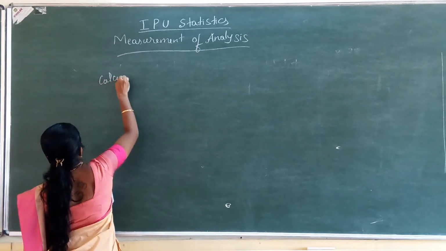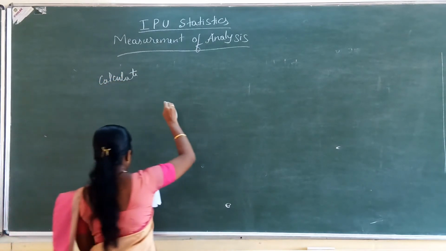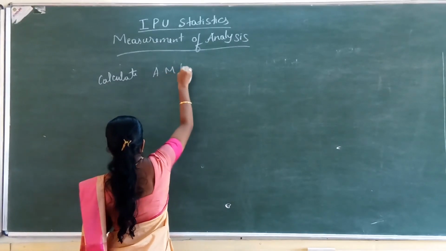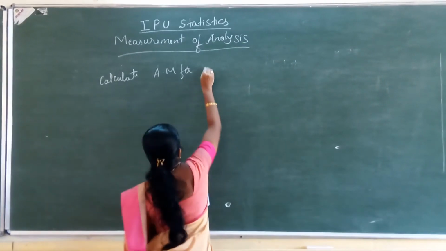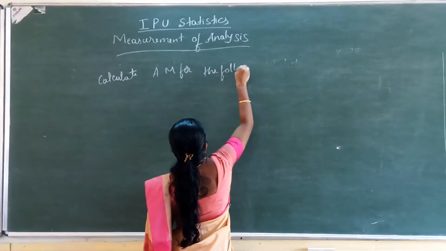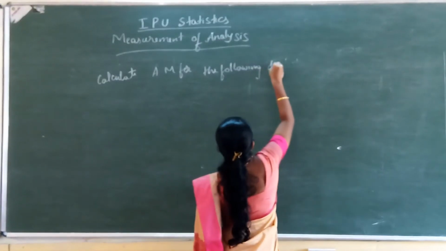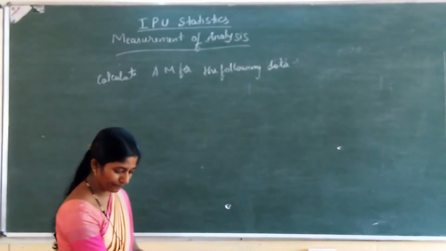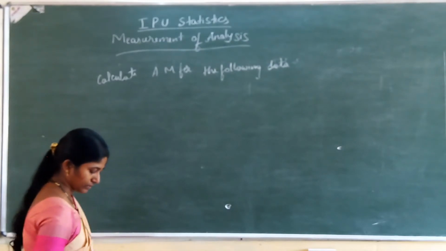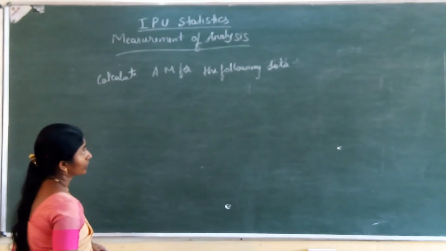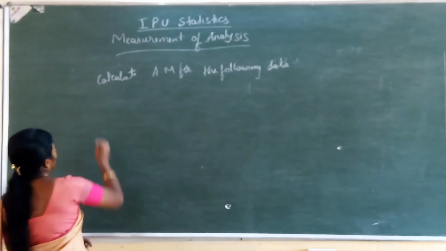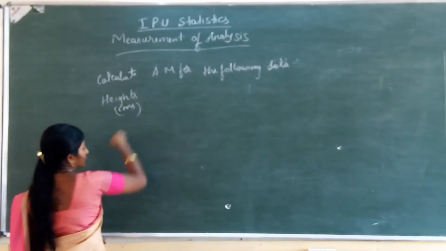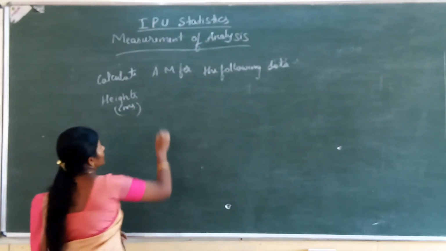Calculate the arithmetic mean for the following data. Following data: height, which is given in centimeters, then number of students.